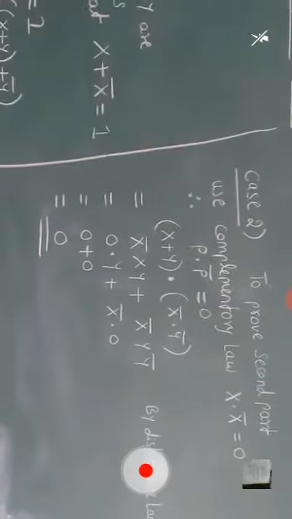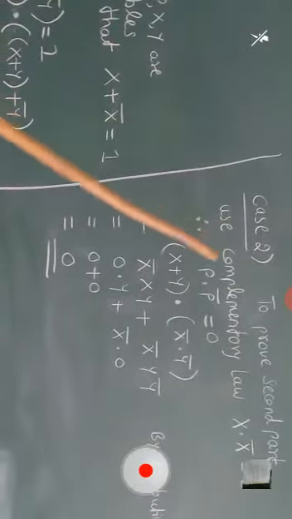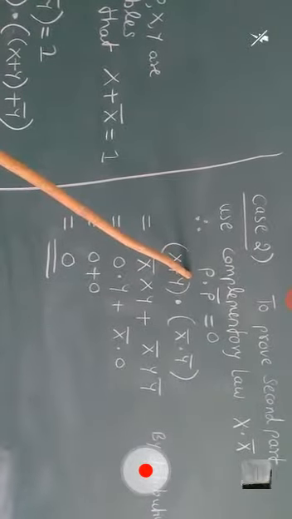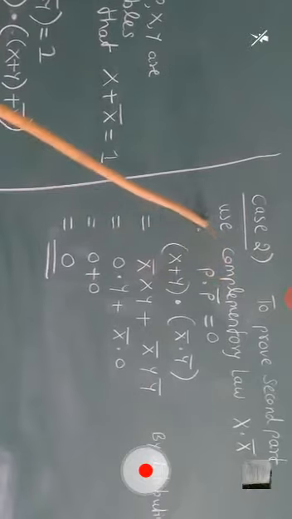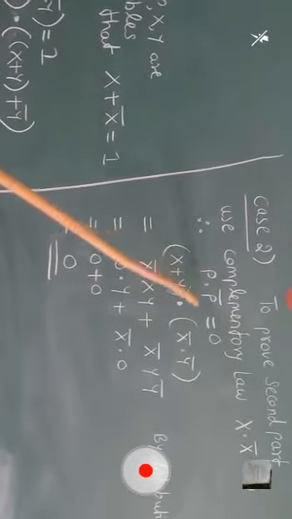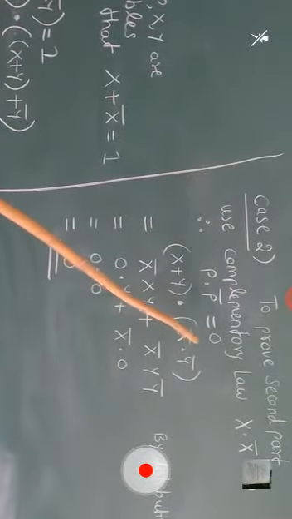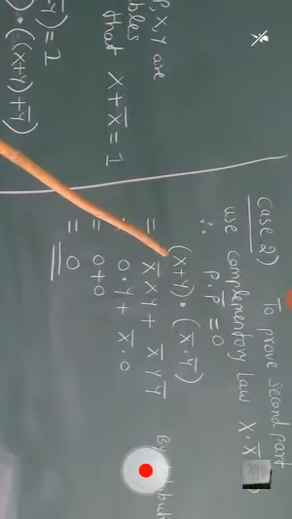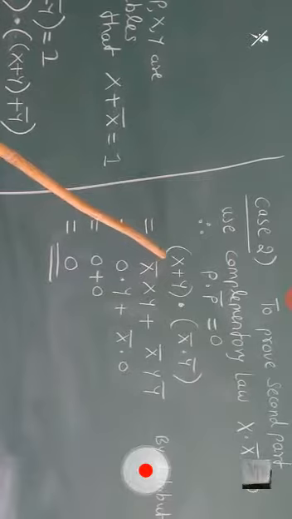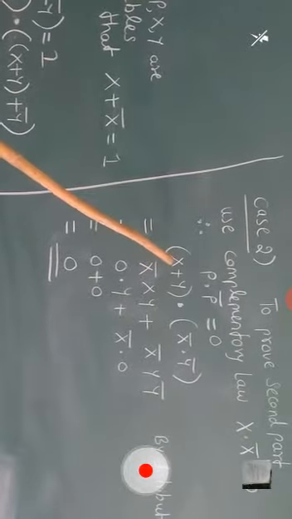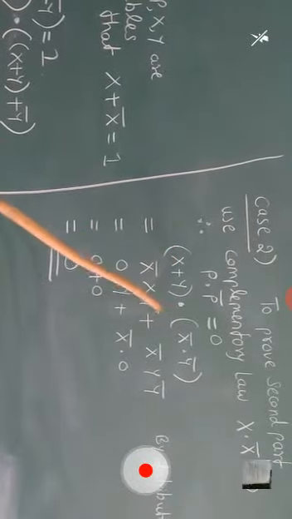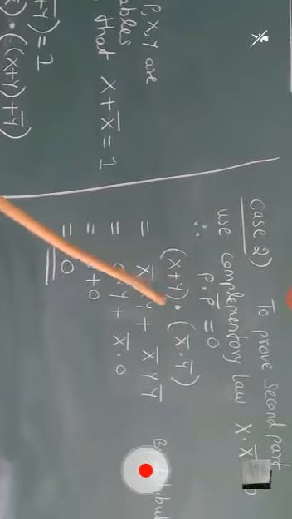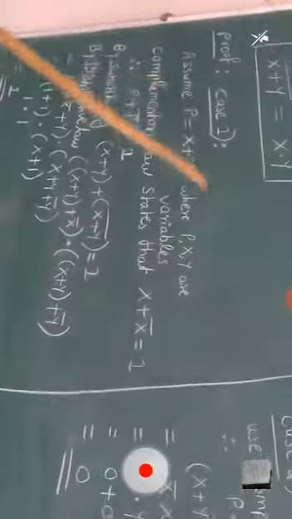Already we have assumed that p is a variable and we have assumed the value of p as x plus y. Therefore p dot p bar should be equal to 0. Similarly, when I substitute the values, look at here, p value is x plus y, dot, p bar is nothing but (x plus y) whole bar. You can just have a look here.